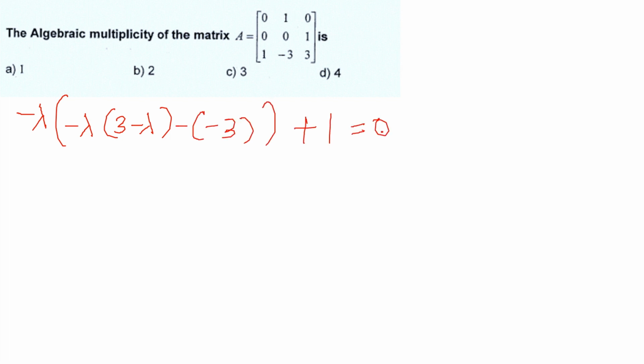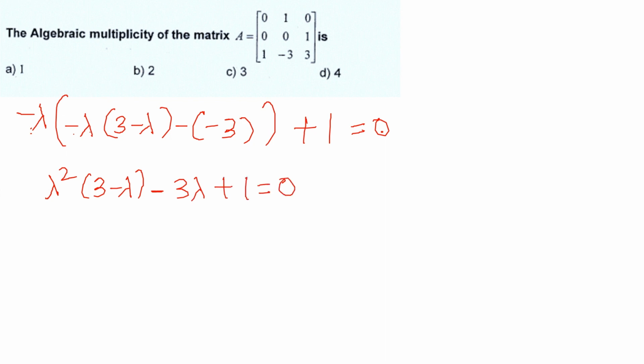The equation we got is minus lambda times minus lambda times 3 minus lambda, minus of minus 3, plus 1 is equal to 0. That yields, minus into minus is plus, so lambda squared times 3 minus lambda, minus into minus plus again, so plus into minus is minus 3 lambda, plus 1 equals 0.